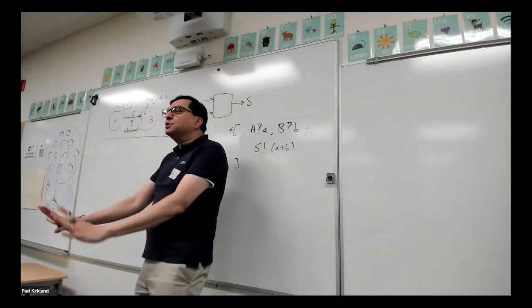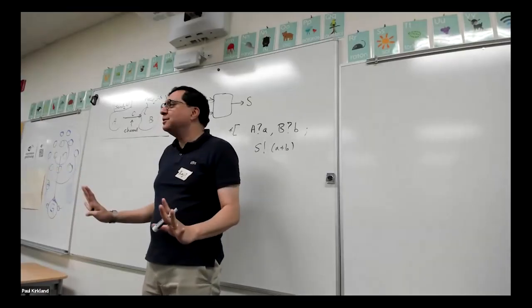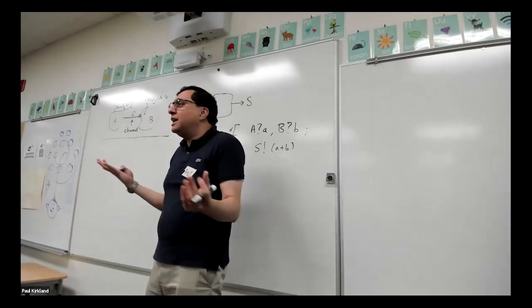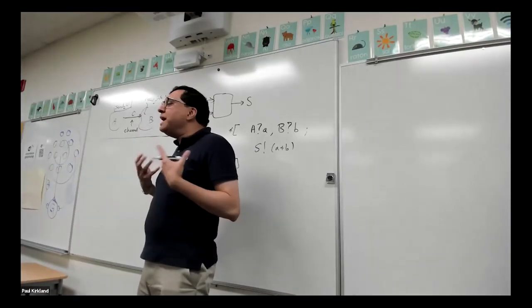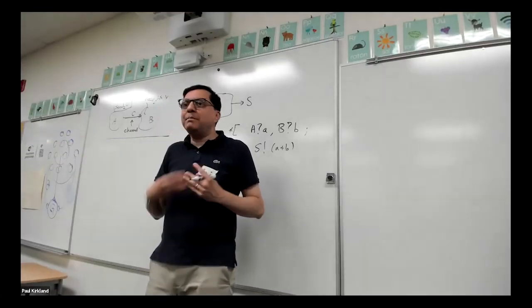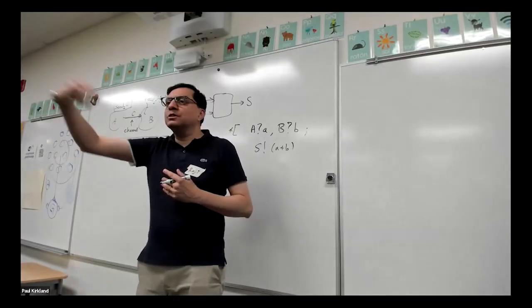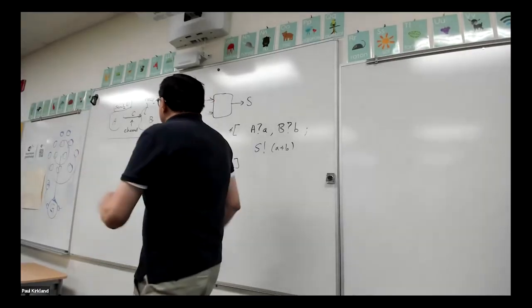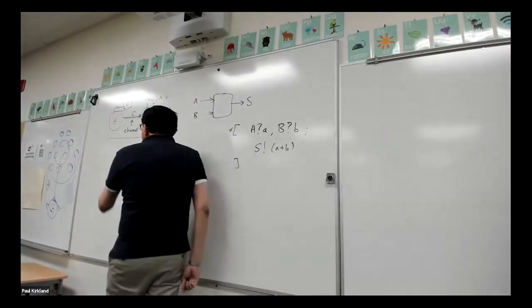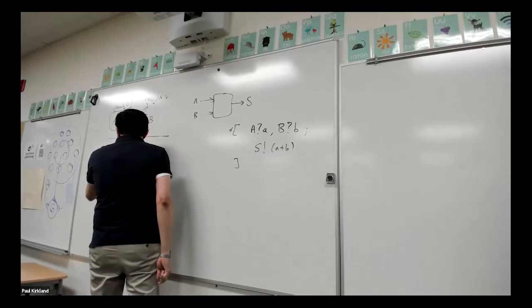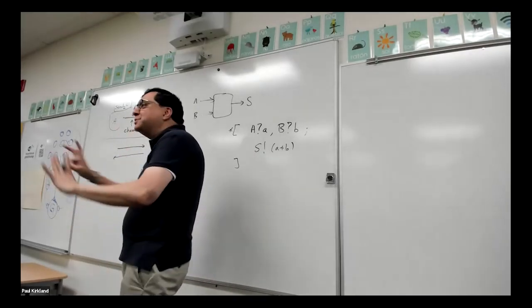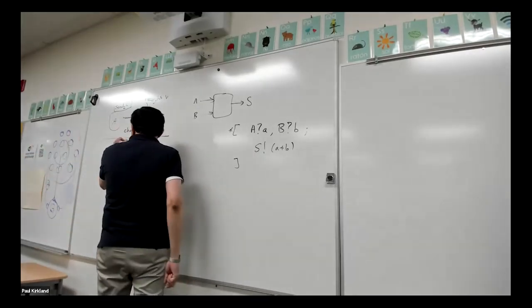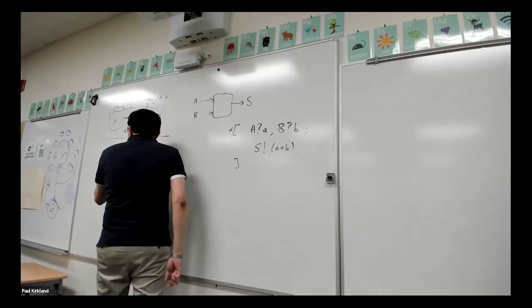So let's look at channels without data for a second. You might wonder, why do I need a channel if you don't have data? Well, you may want to synchronize. I may want to know that you have reached a certain point in the program, and the only way to do that is through a communication. So a channel without data is very simple. Even here there are many options, but here's the simplest one: request and acknowledge.